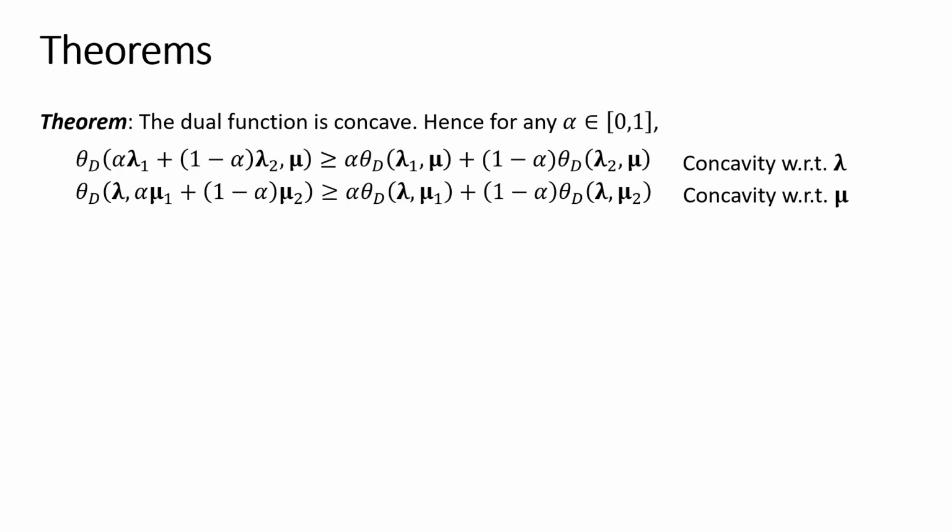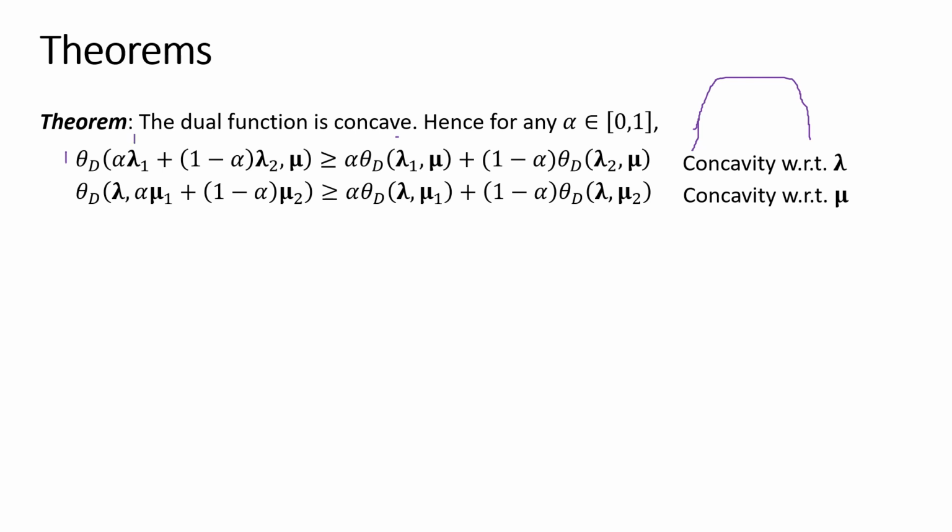We shall look at different theorems here without proofs, just the statements. The first one is the dual function is concave. What does concavity mean? It means that it's inverted cup shaped. And so what property does it satisfy?